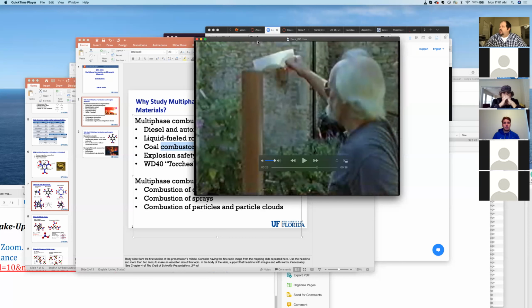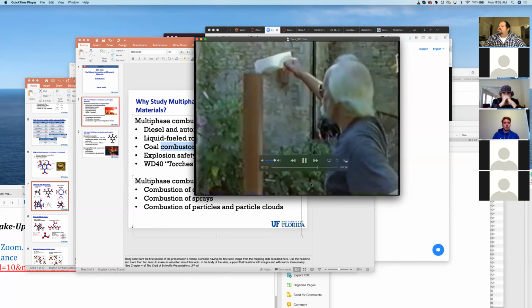The flour fell to the bottom, and as it fell, it dispersed and mixed nicely with the air. Then when the flour hit the candle, it exploded and blew up, as you could tell by the sound.